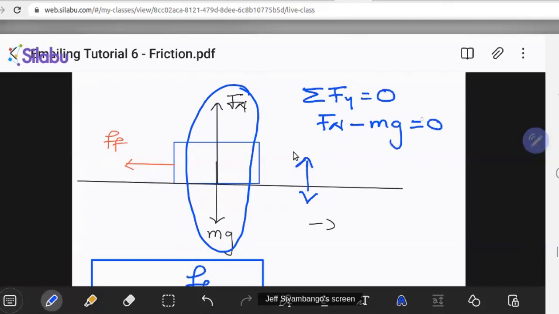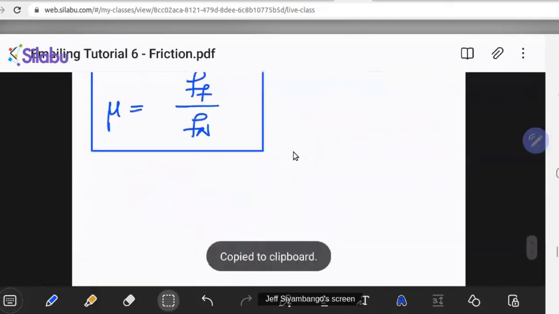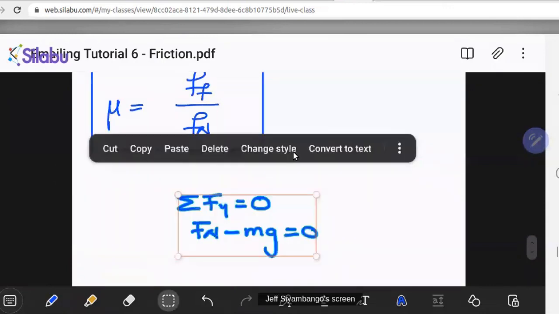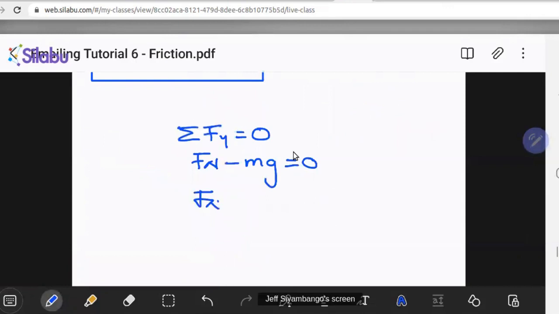From here, we can just make Fn the subject of the formula. We now have Fn equals mg. So we go back to the question to get what the mass is.